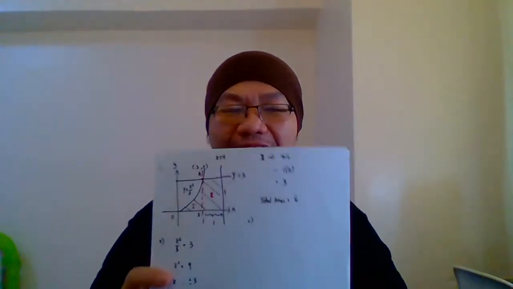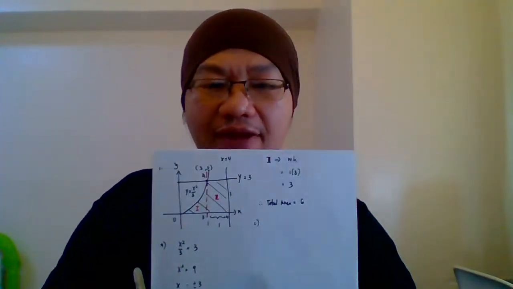Okay, 1C, what's it about? 1C, okay, find the volume that revolves when the shaded region, this shaded region 1 and 2, rotates through 360 degrees, okay, about the x-axis. Now, look carefully.